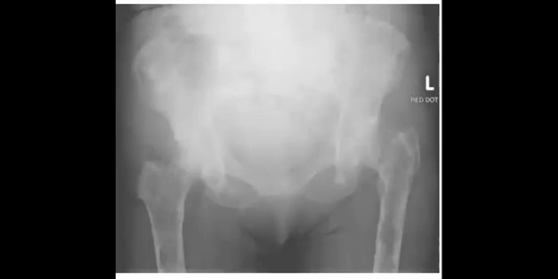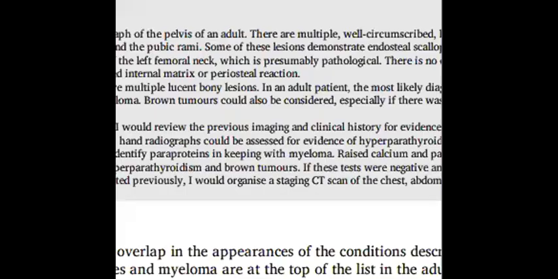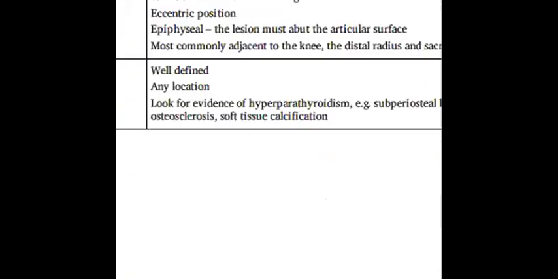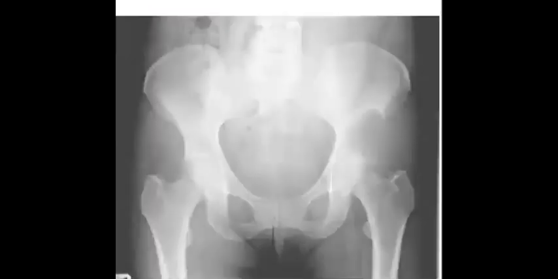So the top of the list will be metastasis and multiple myeloma. Okay, perfect. So okay, we show the answer, but we can try to make a good answer for this. So what do you think? Pelvis again, adult pelvis.